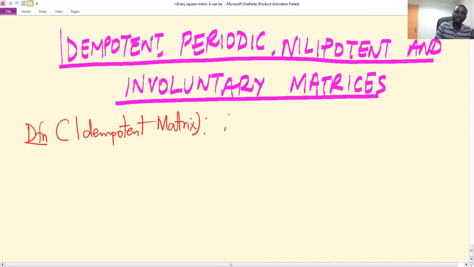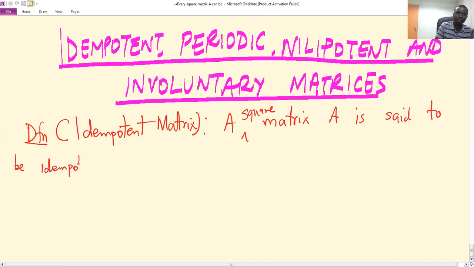We say a matrix, actually a square matrix, A is said to be idempotent if A squared is given by A, that is, when you square a matrix, you get the same matrix.